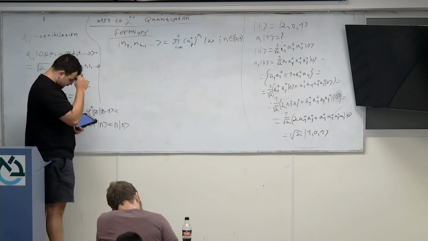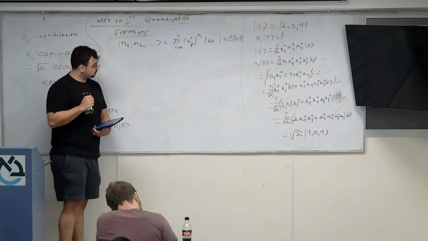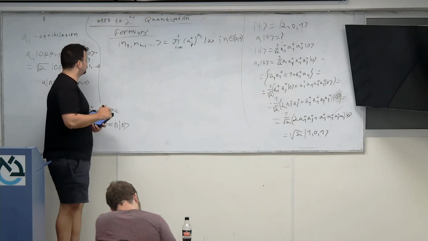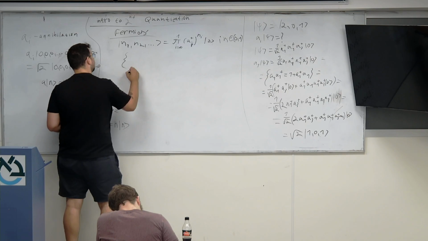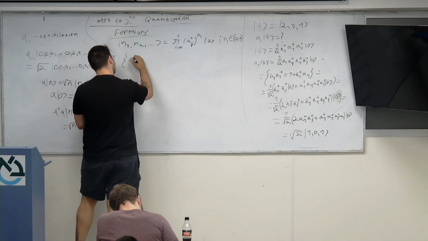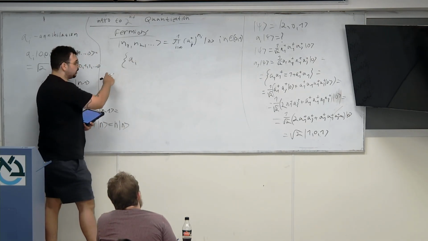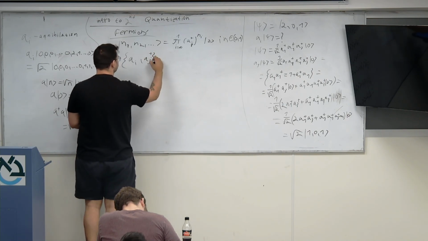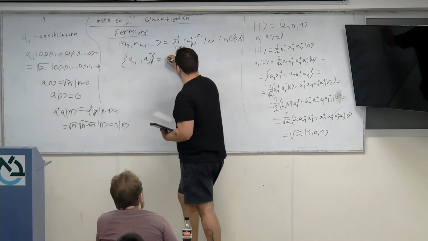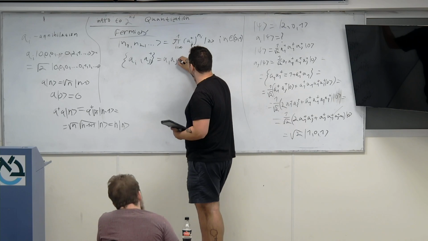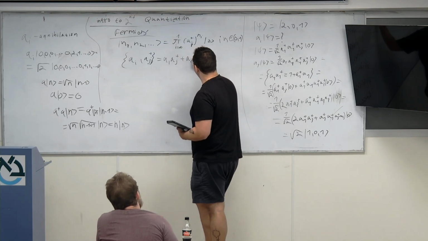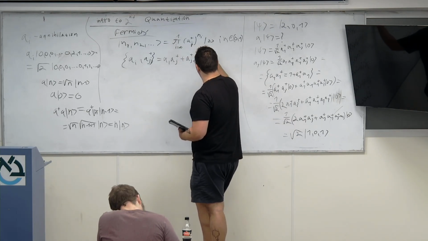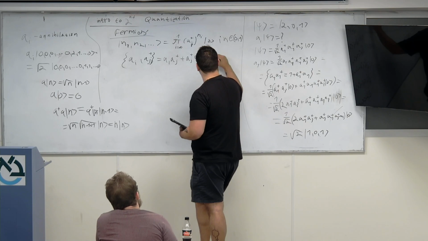And they also, again, like to be very, very unique. So they go with the anti-commutator relation, which we denote with curly brackets: {A_i, A_j†} equals A_i A_j† plus A_j† A_i, equals delta_ij.